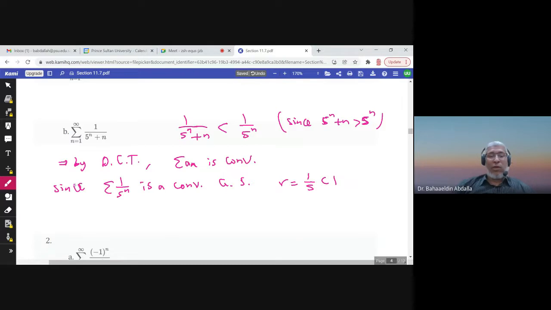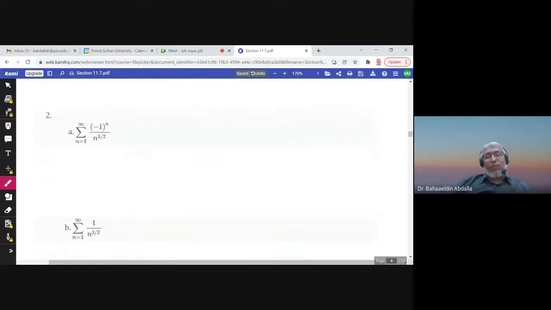Okay, we already talked about this series. It is part A. Well, I have here negative 1 to the power n, so I can use the alternating series test. But I notice that absolute value of negative 1 to the power n over n to the power 3 over 2 is 1 over n to the power 3 over 2.